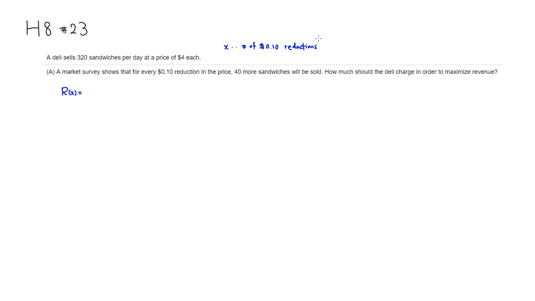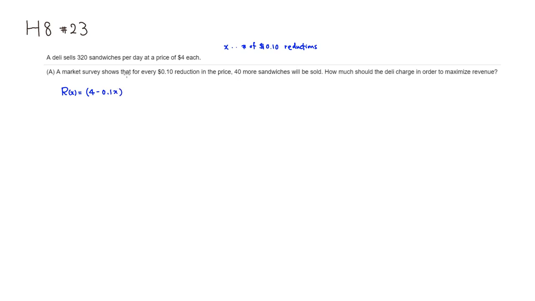Remember that revenue is price times the number of sandwiches sold or produced in this case. The base price is $4, and let's say we have x 10-cent reductions, so the price is 4 minus 0.1x.